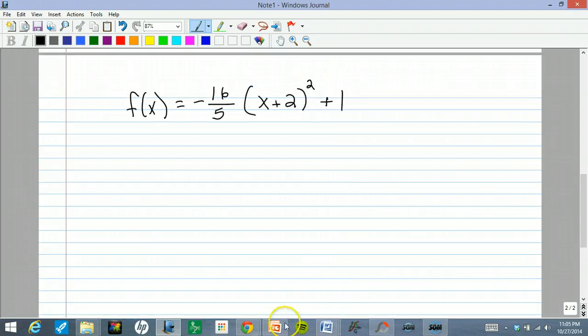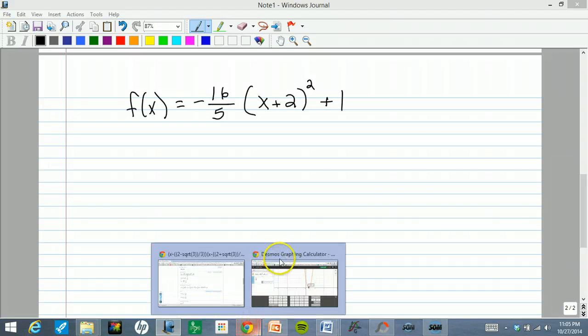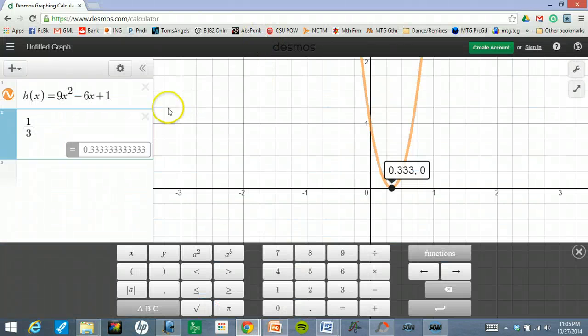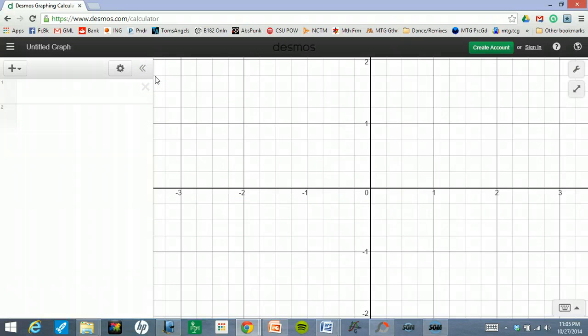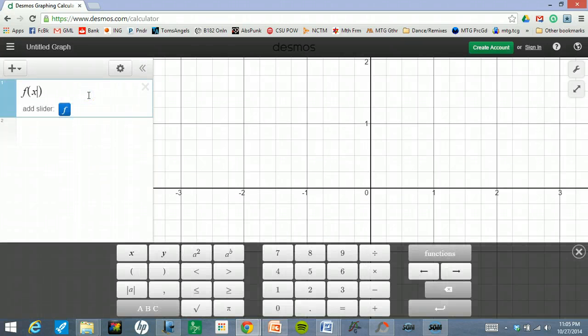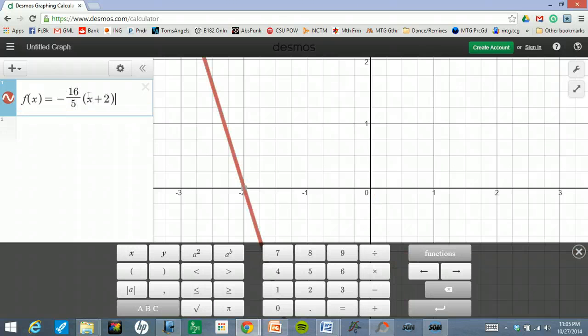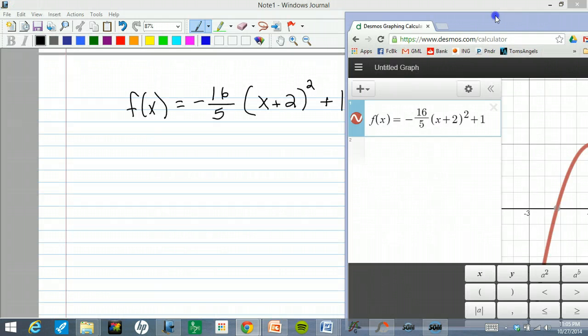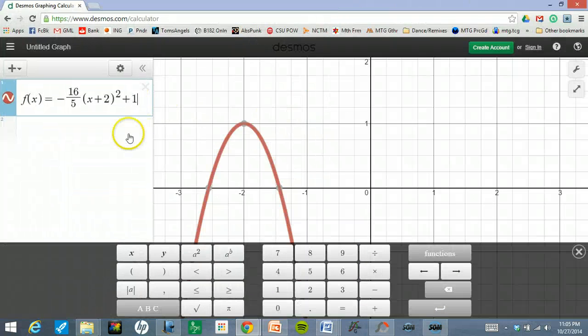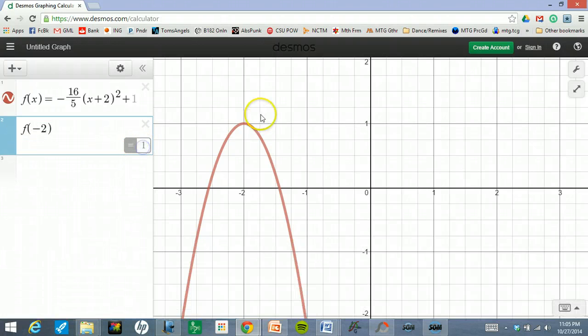And I'll quickly check that on a graphing calculator. So here's an example from earlier tonight, but f of x equals negative 16 divided by 5 times (x plus 2) squared plus 1. That's what we came up with. And let's see, if I input negative 2, the output is 1, which is the vertex given to us.